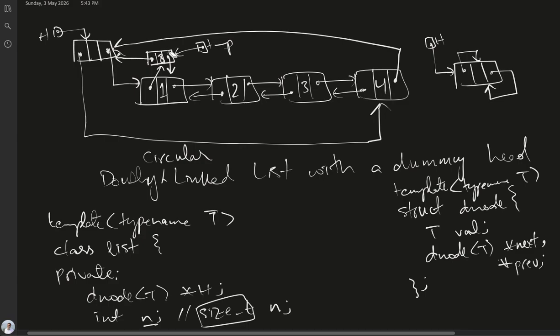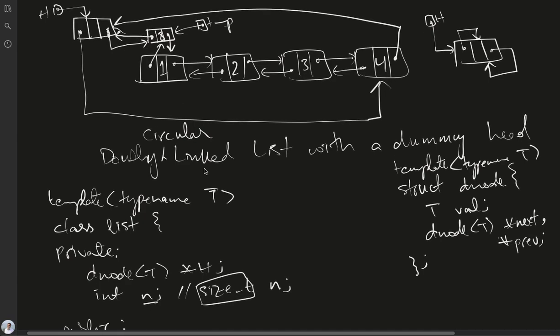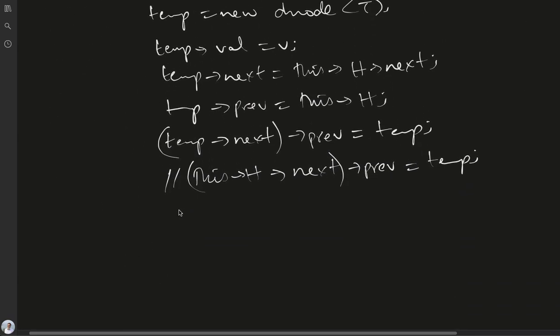We can also say that temp.previous, which would point to dummy head, .next is equal to temp. So we can use either of these approaches. Now the next of dummy head should point to this new memory. So we say that dummy head.next should point to the temporary pointer.